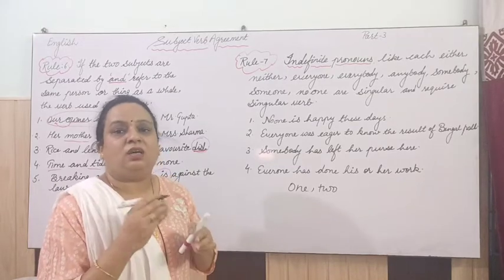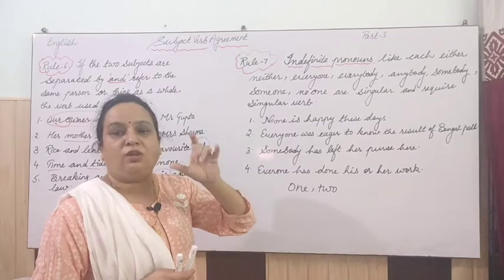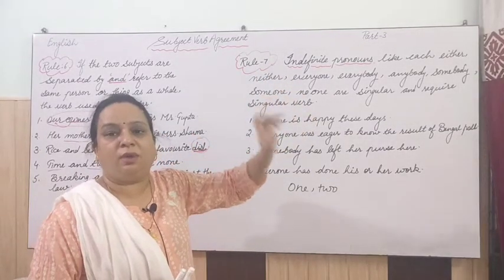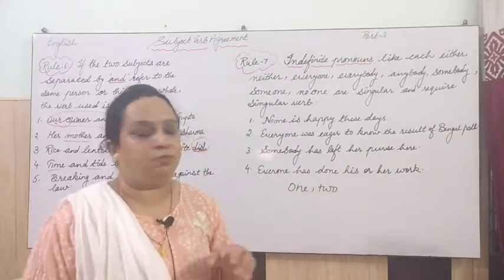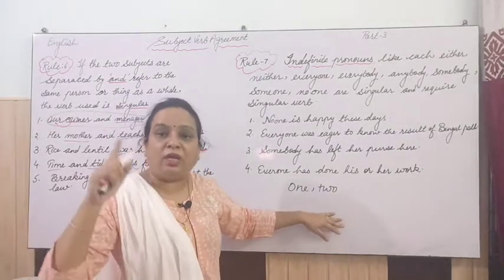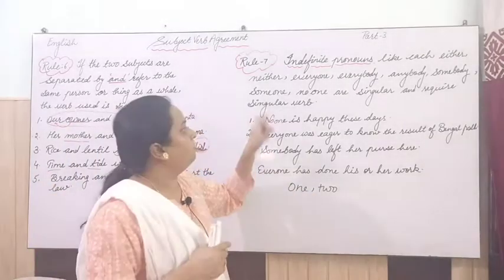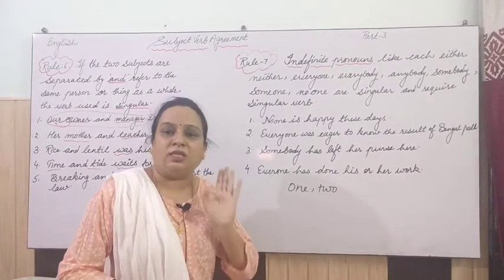Some of the indefinite pronouns are used as singular too. So indefinite pronouns working as singular subjects, okay. When we talk about "many", that is plural. Clear? In this rule we have to talk about indefinite pronouns which are used as singular.